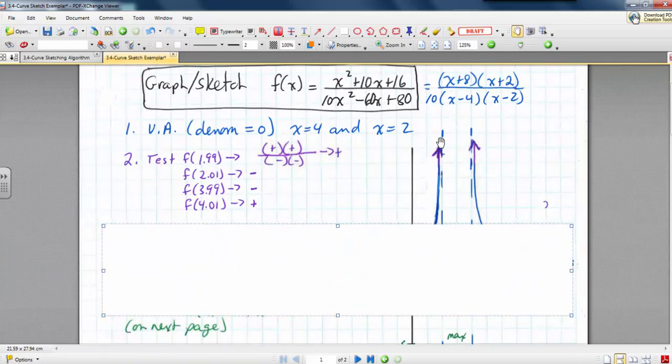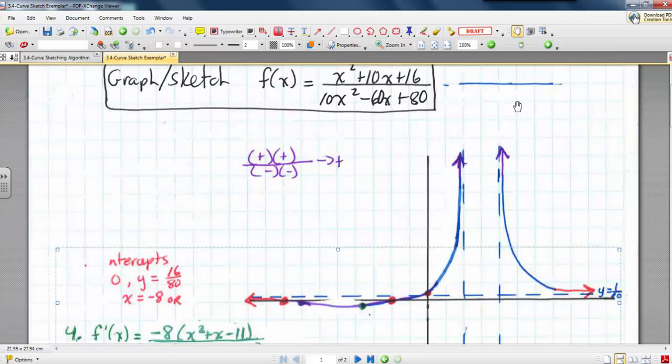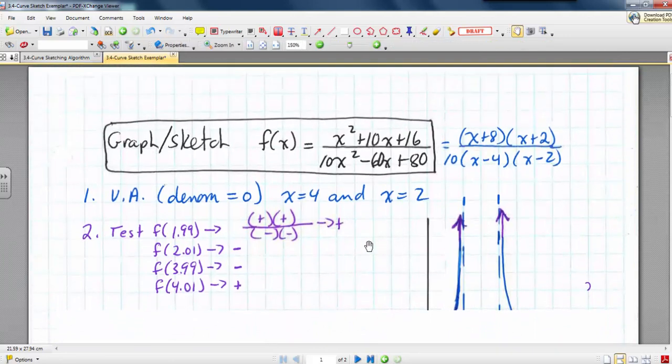Now what happens with those? In order to figure out what's going to go on the left and the right of the vertical asymptote, I need to test values that are very close to those. I usually go 2 decimal places. So the y value when x is 1.99, probably working from the factored form of the equation is best here.